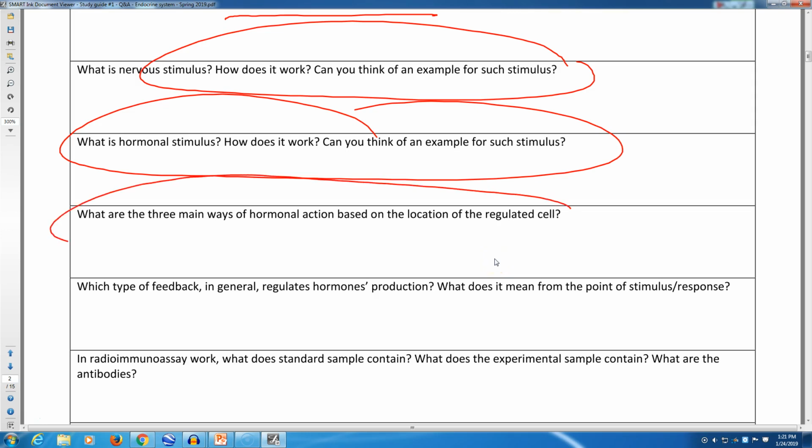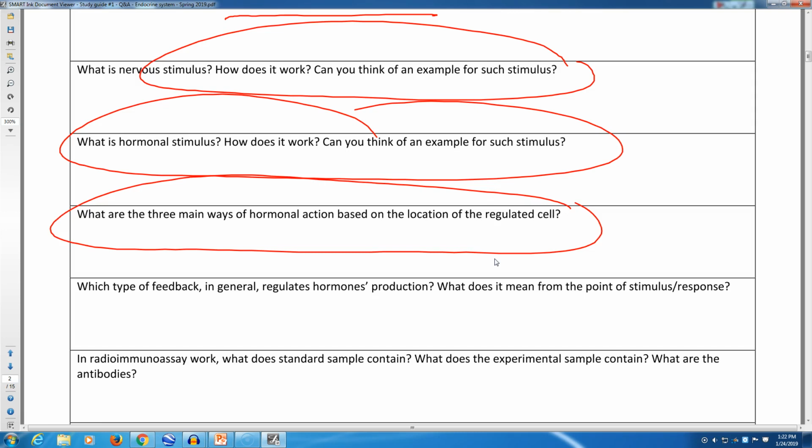Location: autocrine, paracrine, and endocrine actions. Action on the same cell is autocrine, adjacent is paracrine, distant is endocrine.